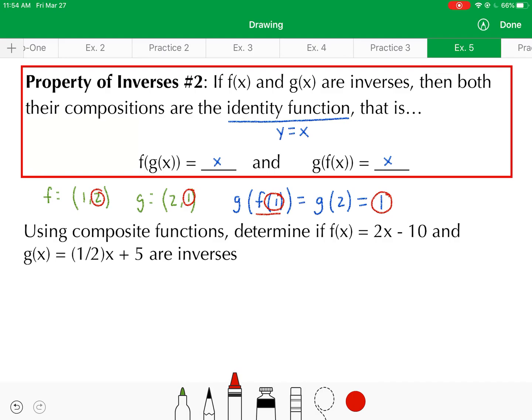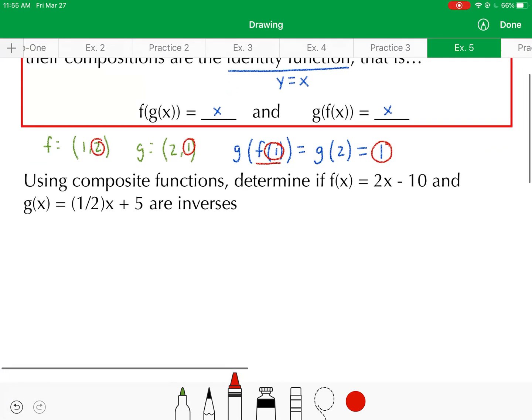Okay, so let's use the property on two continuous functions. f of x is 2x minus 10. g of x is 1/2 x plus 5. We want to use composite functions to determine if they are in fact inverses of each other. Let's start with f of g of x first.